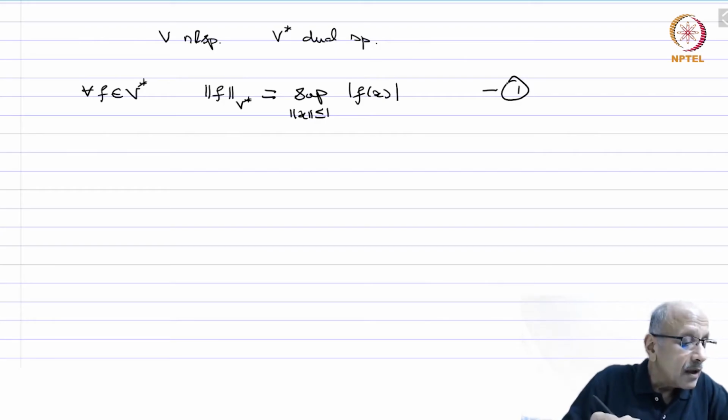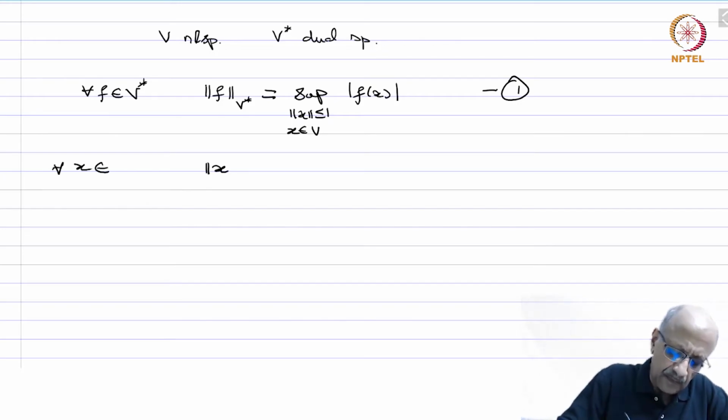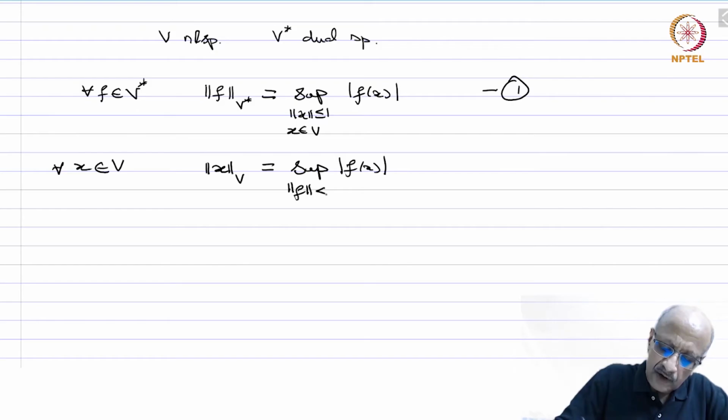And we have, so x is in V of course. We just saw in the last corollary of the Hahn-Banach theorem that for every x in V, the norm of x in V is equal to the sup over norm f less than or equal to 1 of mod f x.